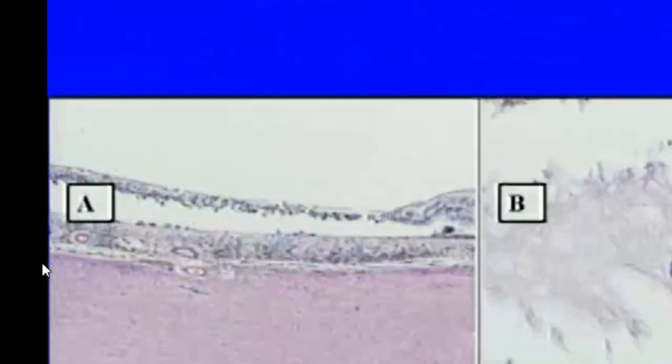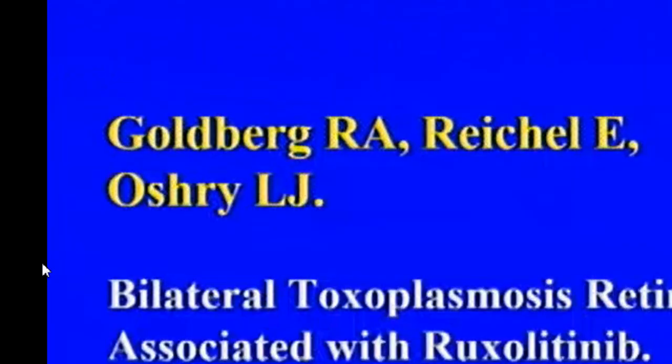This is the patient of Rao, showing the right eye and the left eye with bilateral retinitis. Sections of the retina showed evidence of toxoplasma cyst. You can see the toxoplasma cyst on this side here. And this is inside the retina with necrosis of the retina and disruption of the anatomic barriers of the retina.